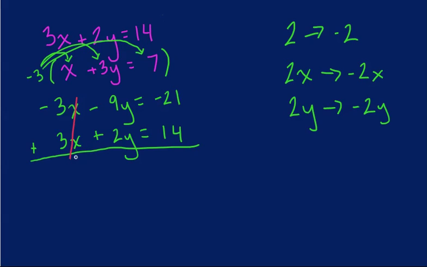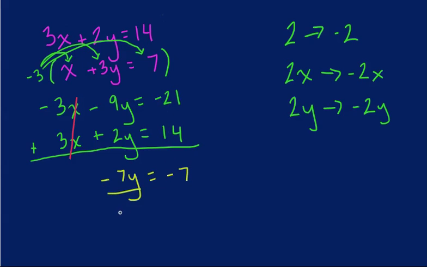Now all I'm left with, and this is the great thing when solving systems of equations through elimination, is you just combine like terms basically. Negative 9y plus 2y gives me a negative 7y, and negative 21 over 14 gives me a negative 7. I'm not saying over like a fraction, but this is just over that. When we add them together, negative 21 plus 14 gives me a negative 7.